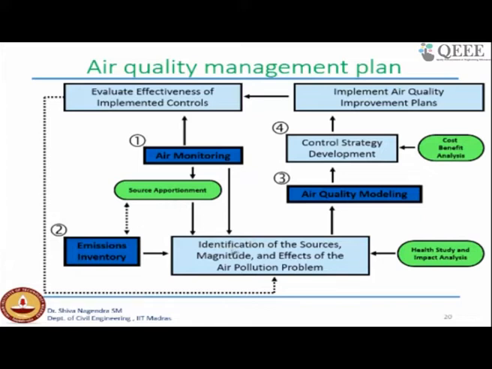How do you indicate that 60 to 70%? You can use source apportionment studies, where you apportion the pollutants contributed in a given environment to the different sources. In this case, you use chemical species signatures of the sources and relate them to the ambient chemical species signatures which you measured at a particular area.